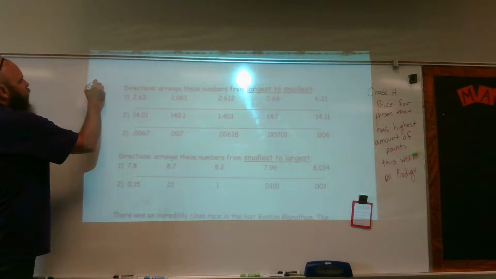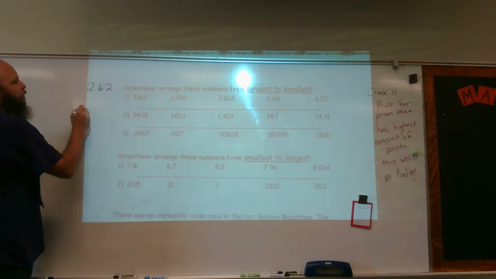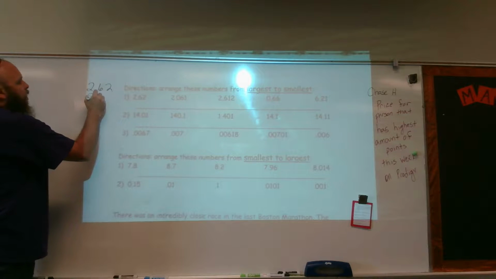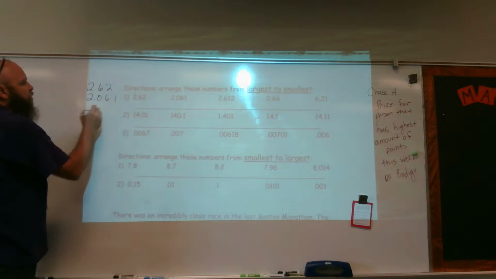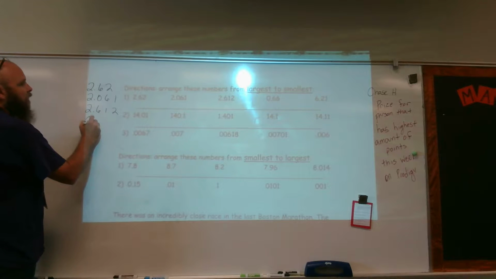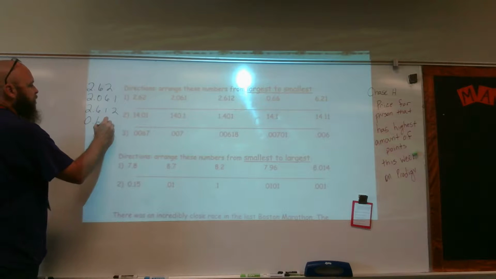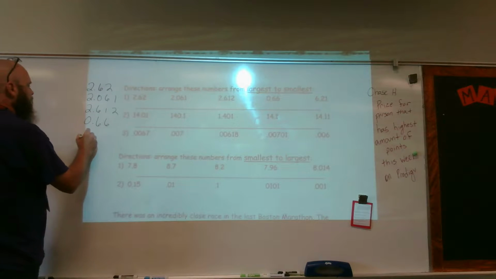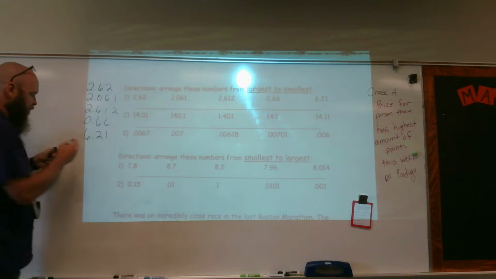I have 2 and 62 hundredths. I have 2 and 61 thousandths. I have 2 and 612 thousandths. I have 0 and 66 hundredths. I have 6 and 21 hundredths.